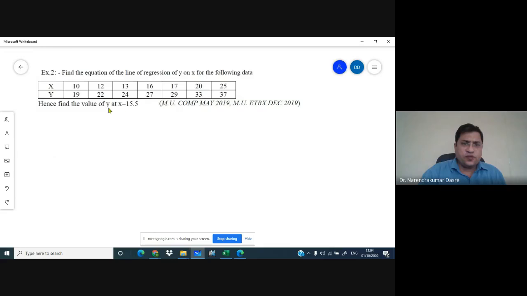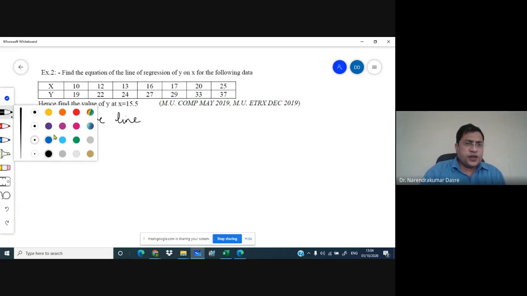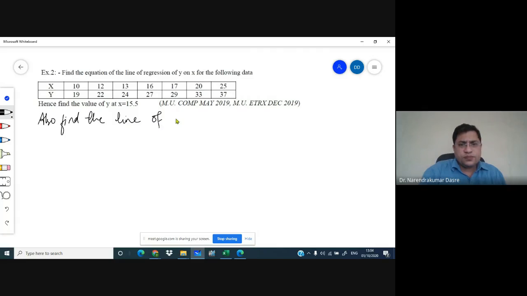Hence, find the value of y at x is equal to 15.5. And I'll extend this question. Also find the line of regression of x on y.